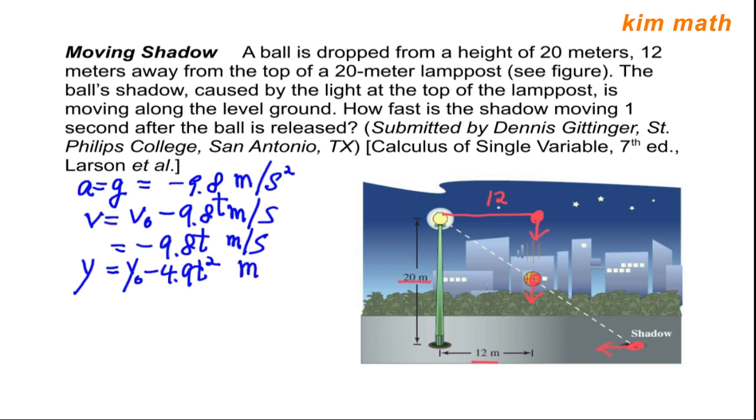Okay, this is some physics story, but I hope you understand. This is the position, and this is the velocity, and this is acceleration, right? And the derivative of this one will be here, and the derivative of this one will be here. Is it correct?